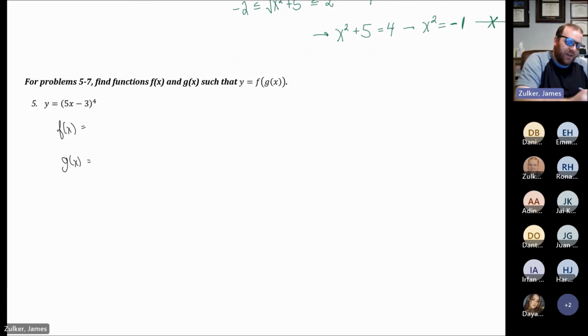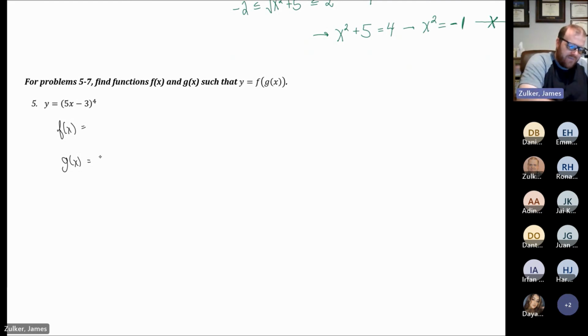So what I do is I look and I go, okay, my g of x is the inner function. So I look here and I go, okay, what is the inner function?